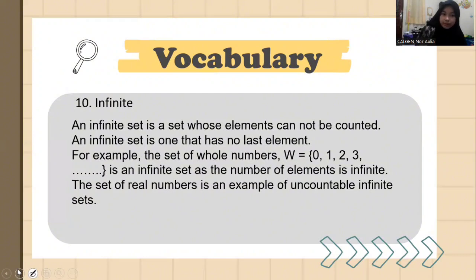So for the example, the set of whole numbers Y equals 0, 1, 2, 3, and so on is an infinite set as the number of elements is infinite. The set of real numbers is an example of an uncountable infinite set.